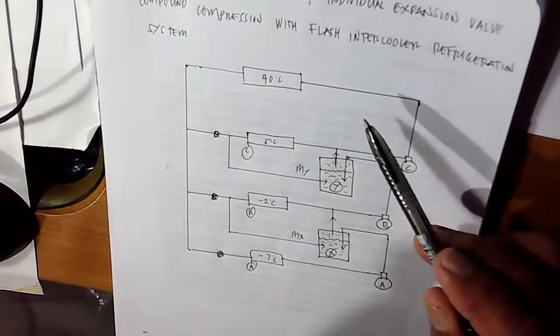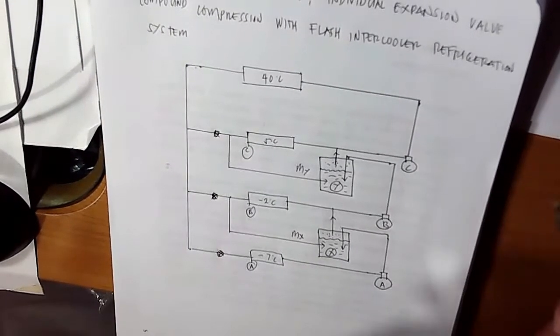We are going to define this mass later on. So it is called compound compression because of what I've said a while ago.